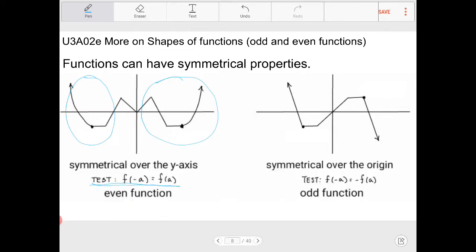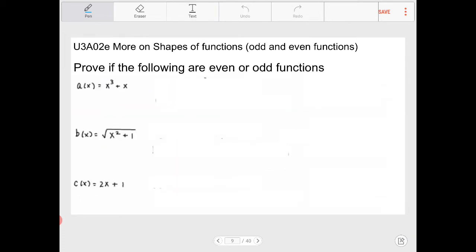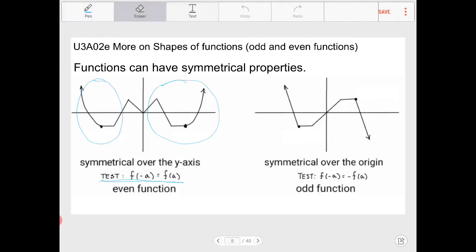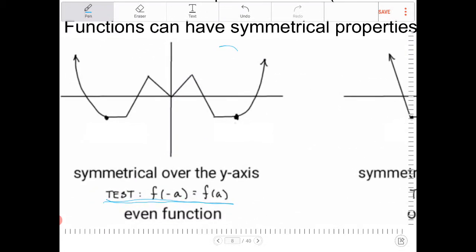So visually, how does that look? This is saying that this point over here, which was at a comma f of a, if I'm calling this f of x here, then over here, you see how it's the mirror image, right? At the same x coordinate but negative, yes, technically I should evaluate f of negative a, but it evaluates to f of a.